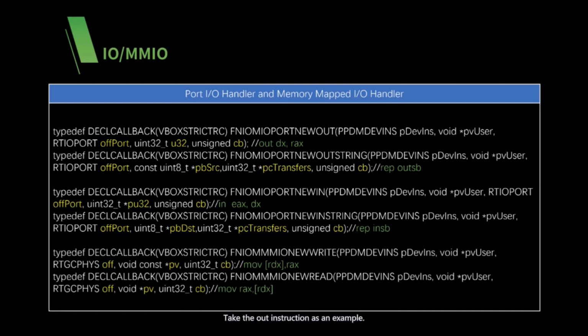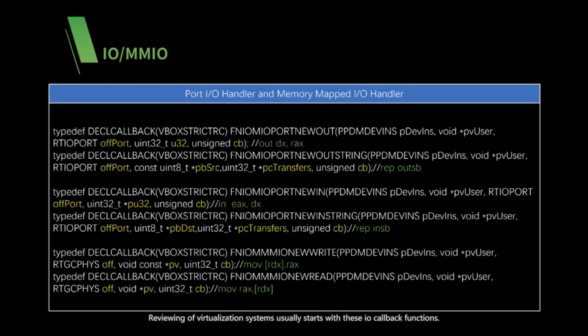Let's take the out instruction as an example. The offset parameter represents the offset based on the IO port. The pu32 parameter is the value written. The cb parameter represents the length of the pu32 parameter.